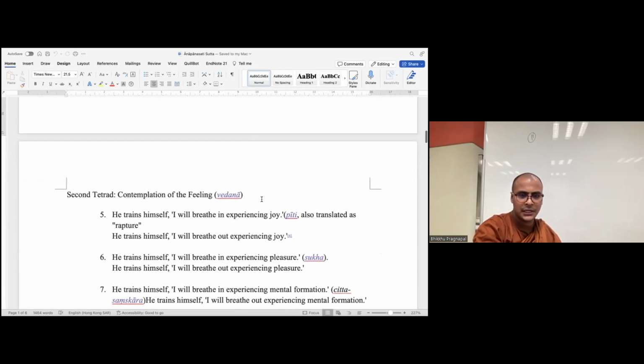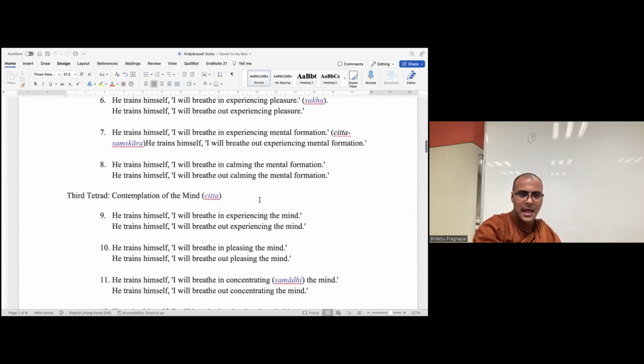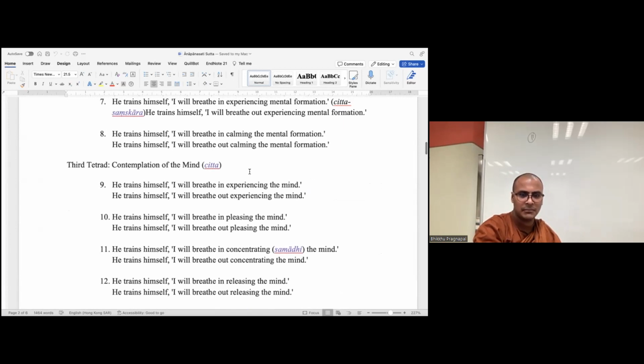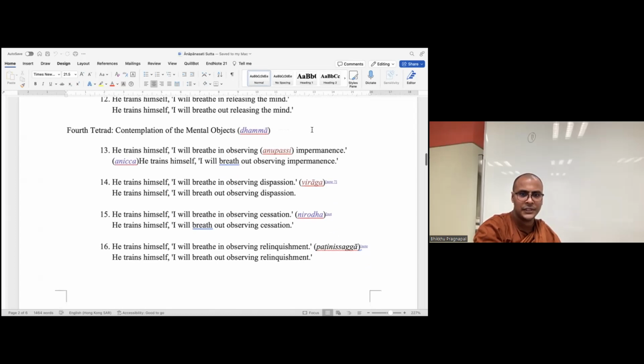Another 4 are about feeling. Another 4 are about the chitta, the mind. And the last 4 are about the objects in our mind.